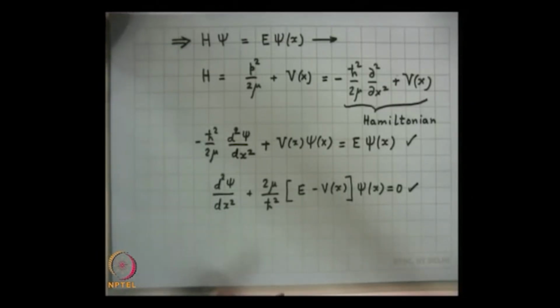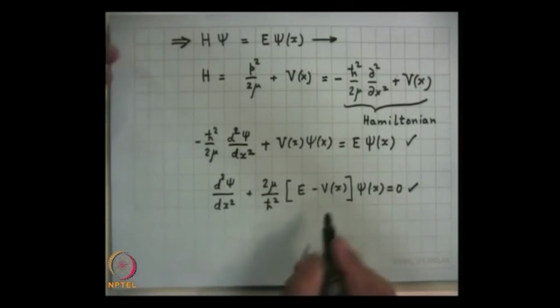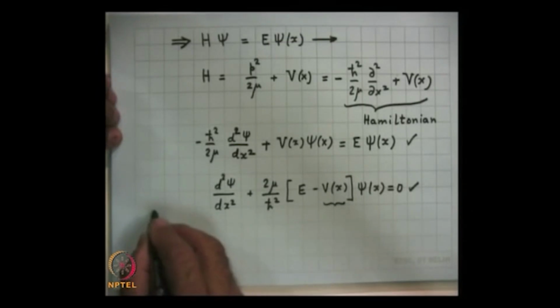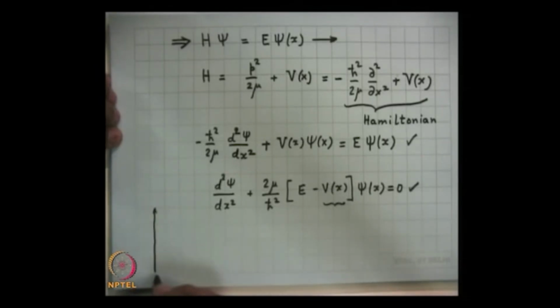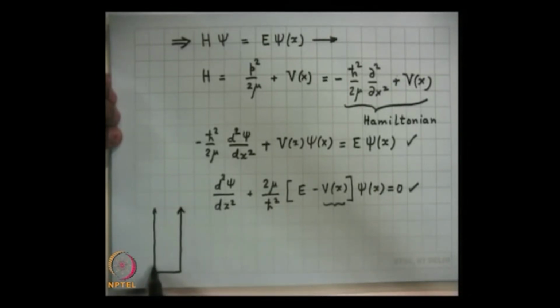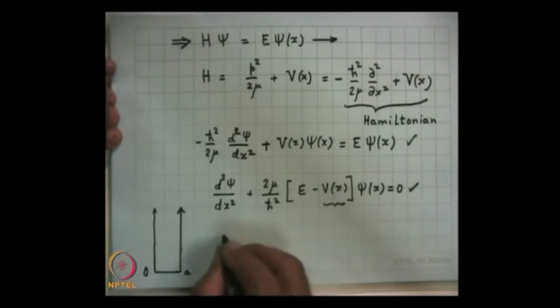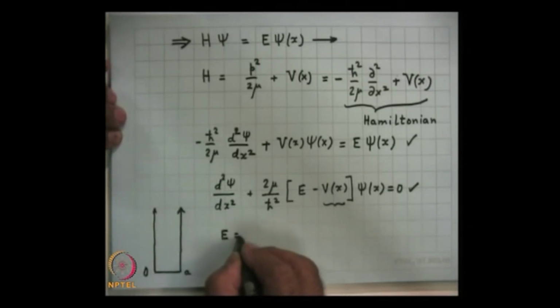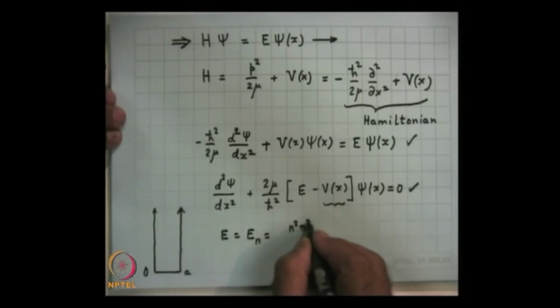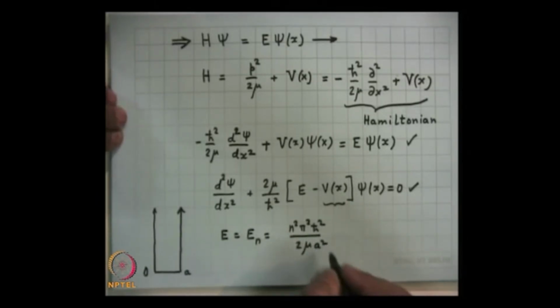Now, in my last lecture, I had assumed V of x to correspond to a particle in a one dimensional box, and we had assumed the particle to be confined between x is equal to 0 and x is equal to a, let us suppose. And we had found that the energy eigenvalues are given by E n, which was equal to n square pi square h cross square by 2 mu a square.